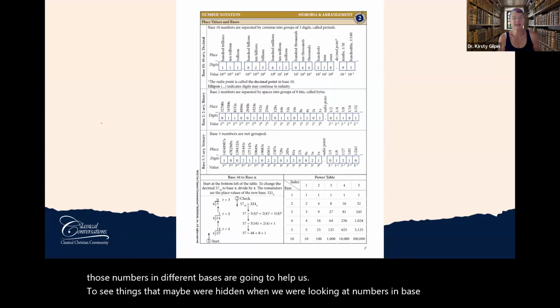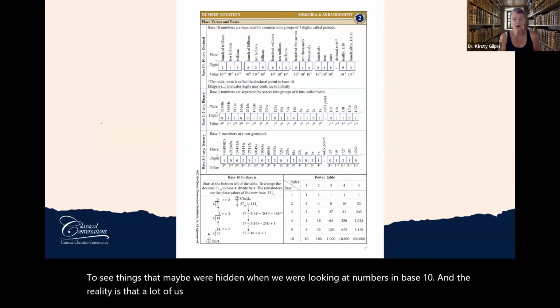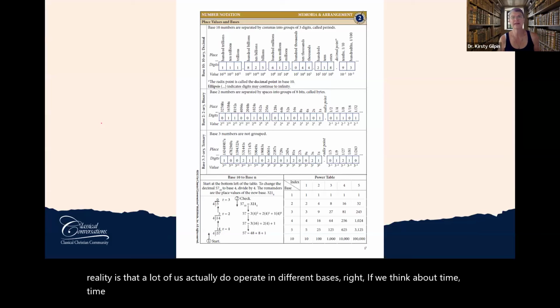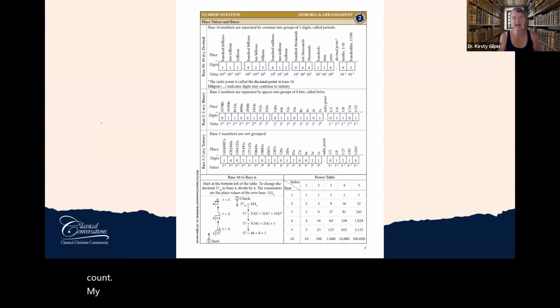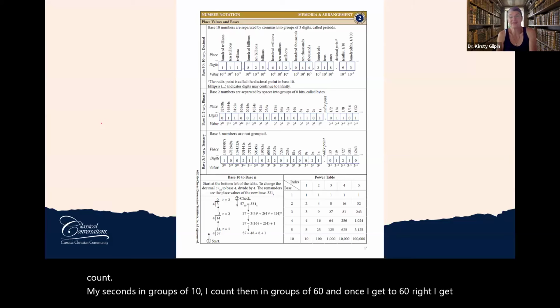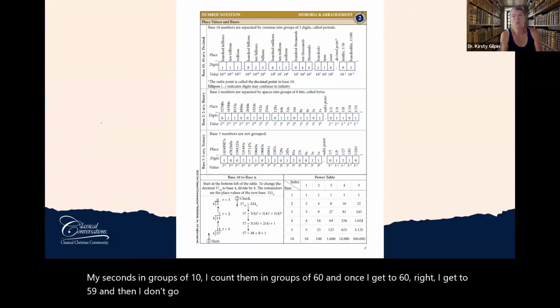And the reality is that a lot of us actually work in different bases. Time is kind of an odd thing because it's a mishmash of bases. I don't count my seconds in groups of 10. I count them in groups of 60. When I get to 59, I don't go to 60, I go to 1 minute.